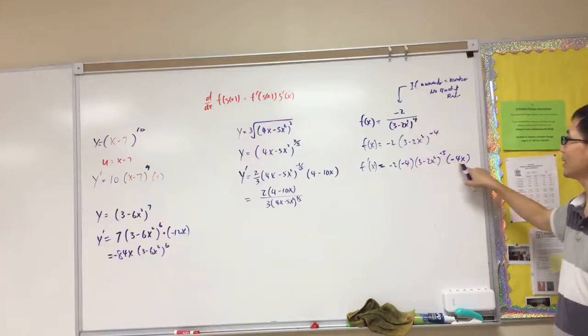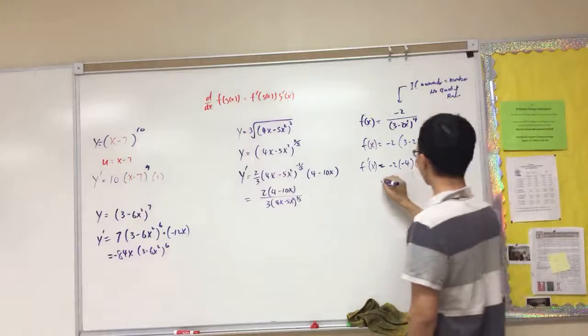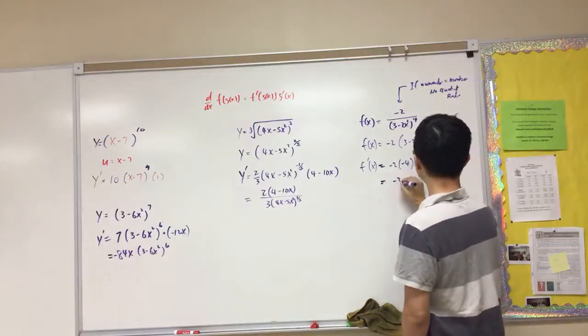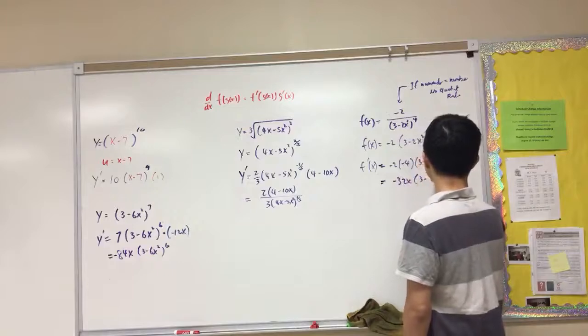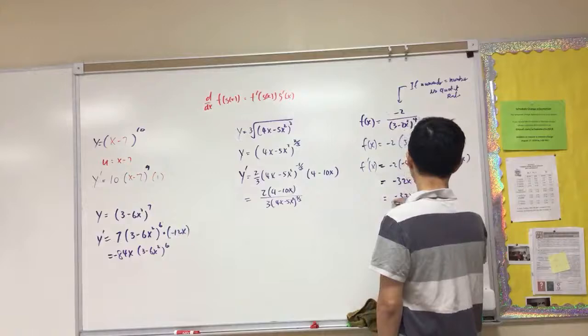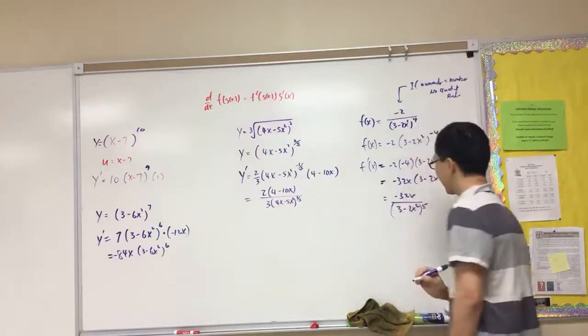Now I take a derivative of the inside. That's what people forget on the chain rule. So it'll be 32x times 3 minus 2x squared to the -5, and that's equal to 32x over 3 minus 2x squared to the 5th power.